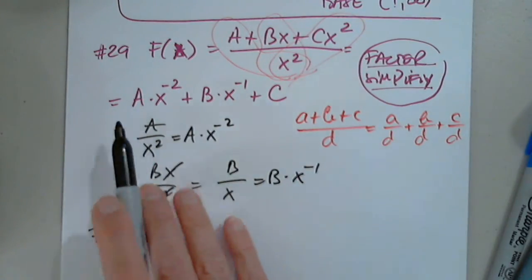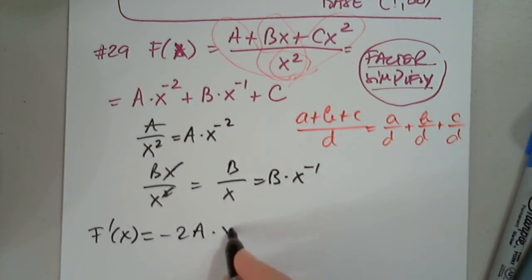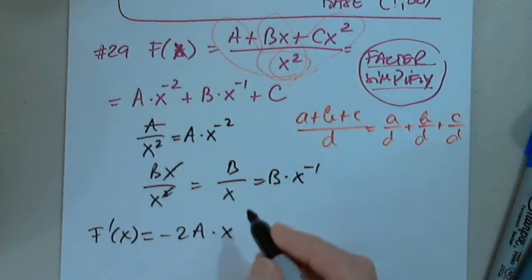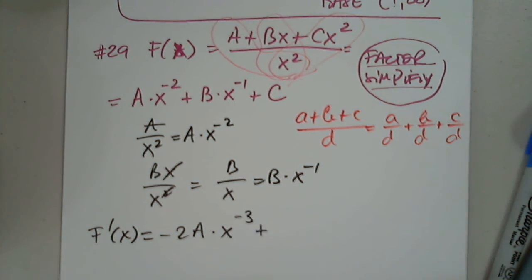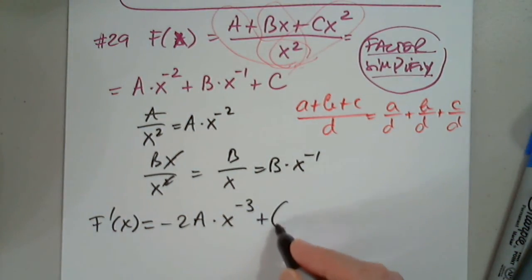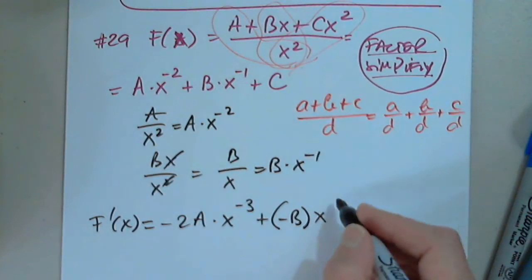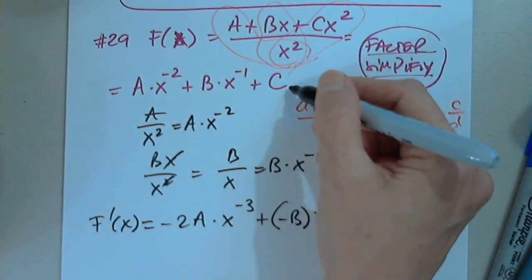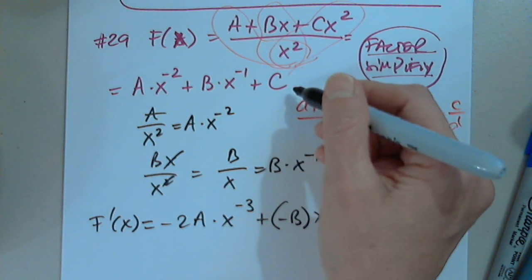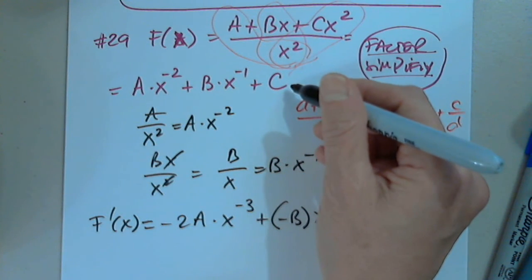We bring down the power, negative 2a times x to negative 2 minus 1, plus bring down the power, negative b times x to negative 1 minus 1. And when I differentiate a constant, what do I get? Christine, how much is a constant prime?